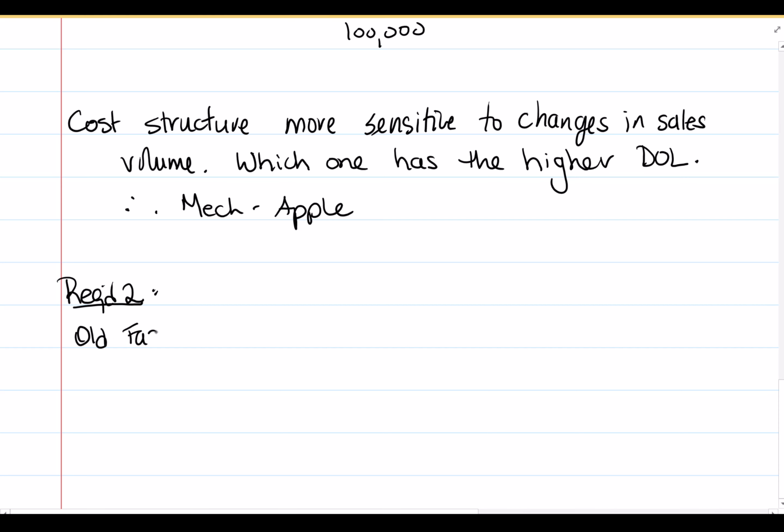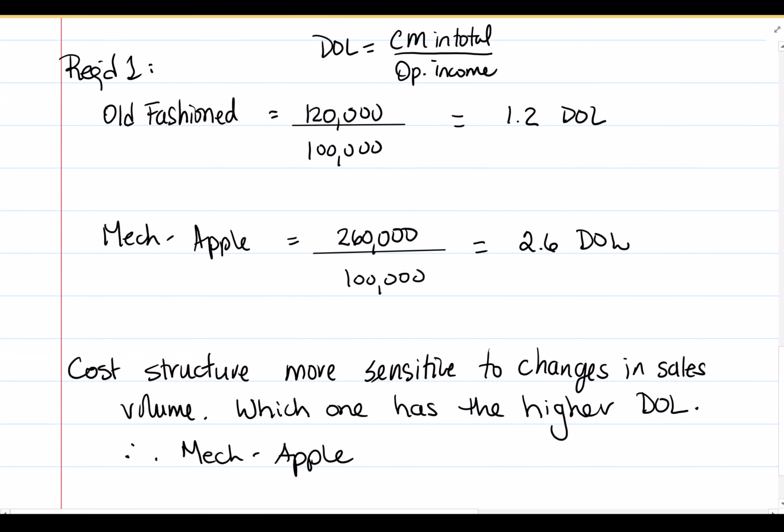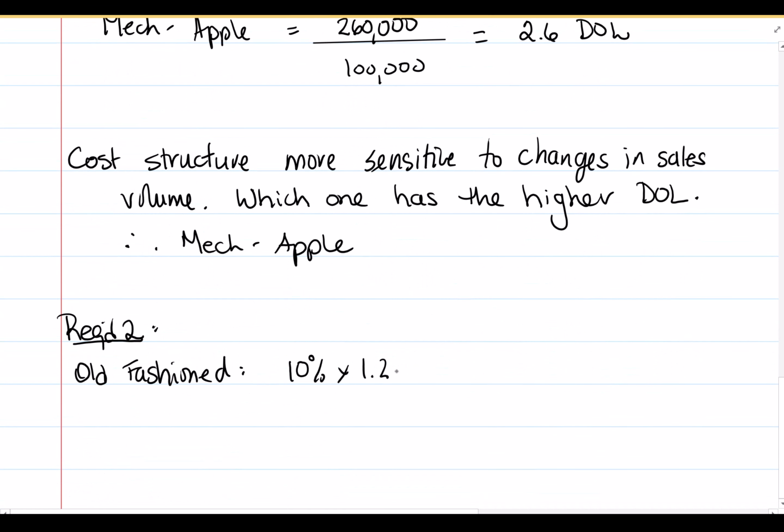So under Old Fashioned, 10% change multiplied by their degree of operating leverage of 1.2 means they will have a 12% change, and it is a decrease. They said determine the effect on each company's operating income if sales decrease by 10%. So therefore, their operating income is presently at $100,000. Both companies' operating income is there.